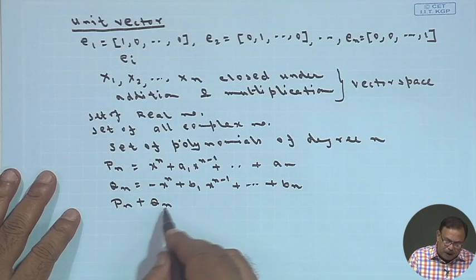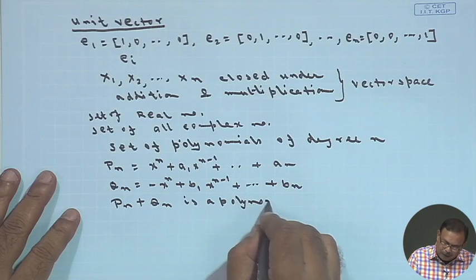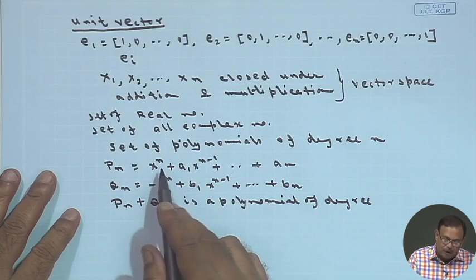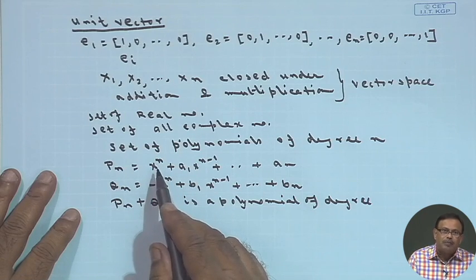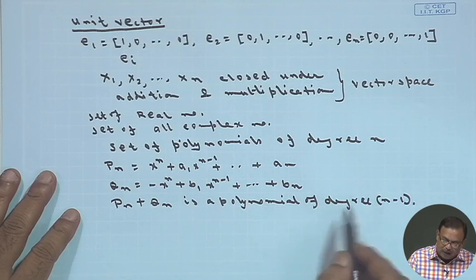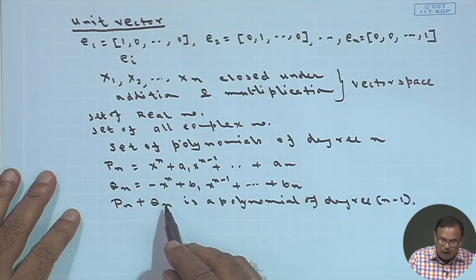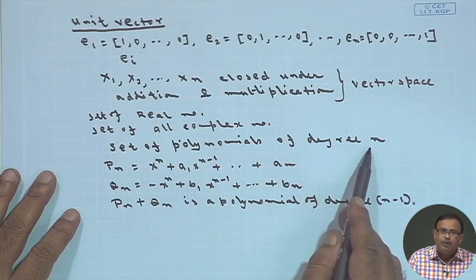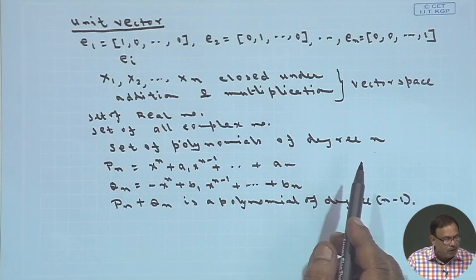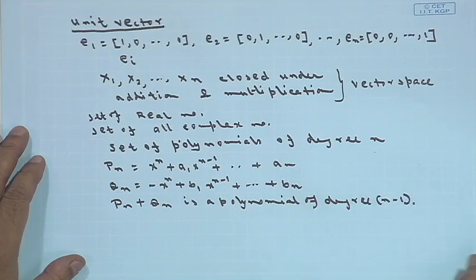Therefore, the sum p_n plus q_n is a polynomial, that is true, but the degree will not be n, because the nth power term vanishes. So, the degree is n minus 1. From here we can conclude that after addition, the result does not belong to the set of polynomials of degree n. So, in other words, the set of polynomials of degree n will not form a vector space. I hope it is clear.